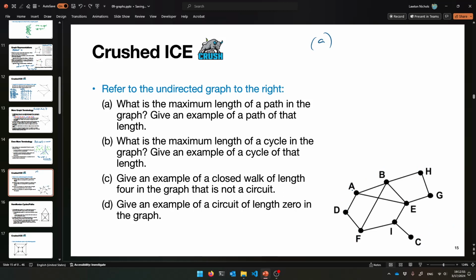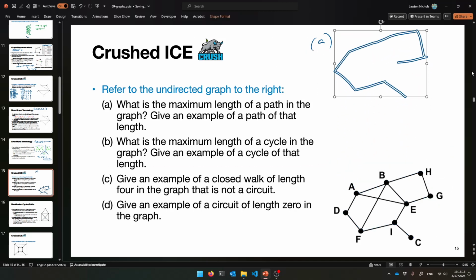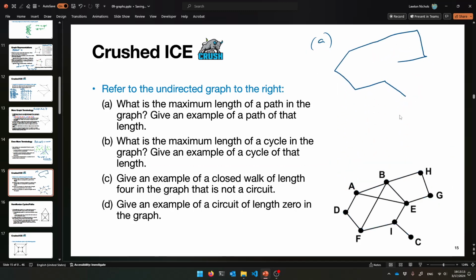So that's going to be my longest path. It's one that visits all the vertices. You can't go any further than that. Starting at E, for example, there to there to there to there, just going around. See how I'm visiting every possible vertex I can. By definition, that's the longest path I could possibly make, because I can't reuse vertices or edges.